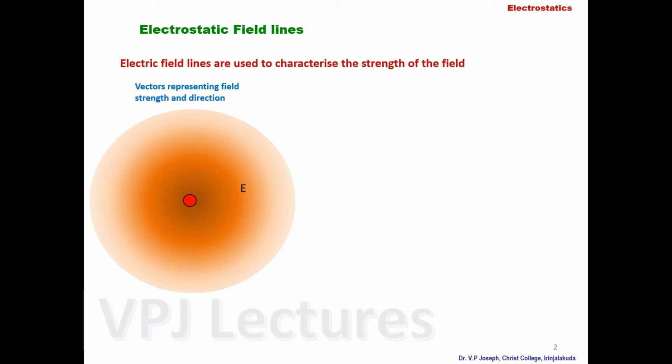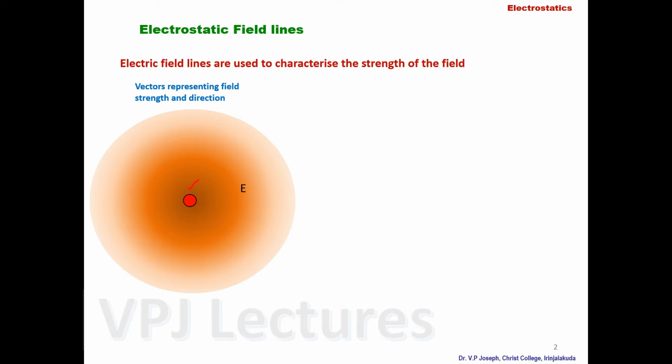Around a charge somewhere here, a field region where some electrostatic effect is experienced is identified, and we can see that the field region is not of constant intensity. Corresponding to the region near the charge, the intensity is maximum, and as we move away, the intensity gradually reduces.